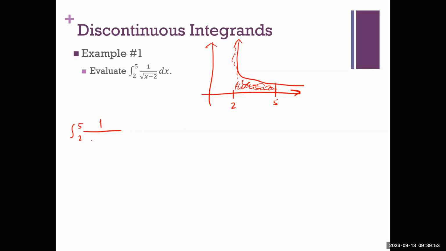So how do I deal with this integral of 1 over radical x minus 2? U substitution? What do you want to use for u? If u is x minus 2, then what's du? Yeah. Du should be equal to dx. Should we deal with the limits as well? What are the limits then? 2 is 0.